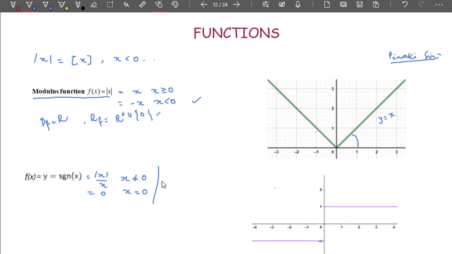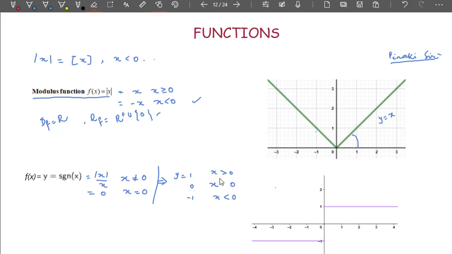So you can easily write y is equal to 1 for x greater than 0, 0 for x equal to 0, and minus 1 for x less than 0.